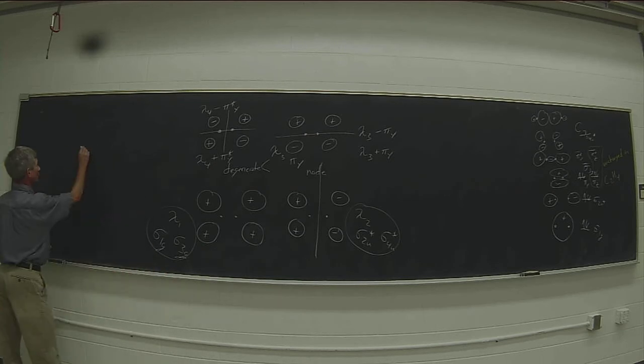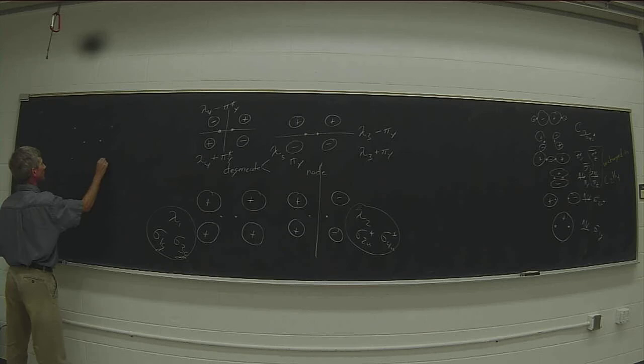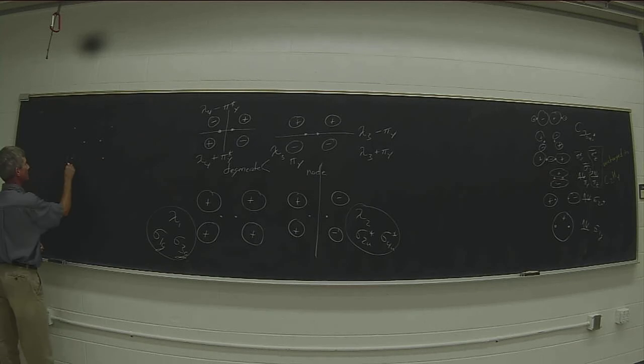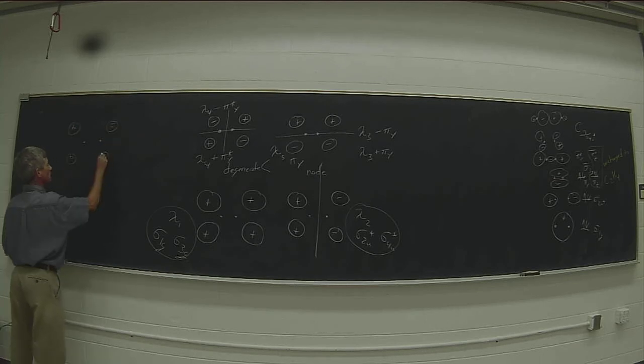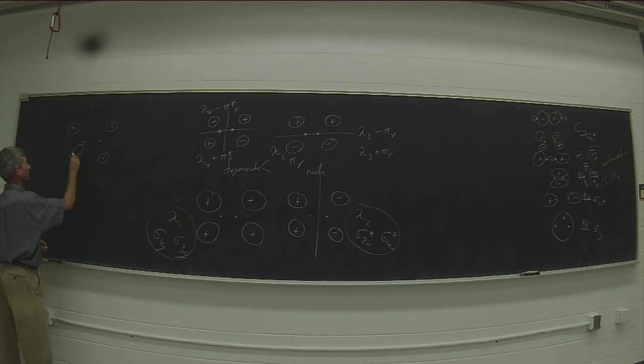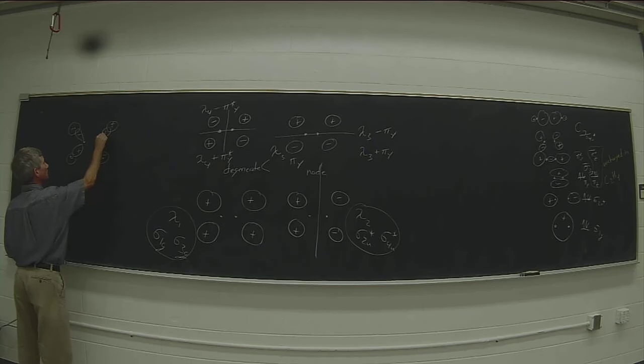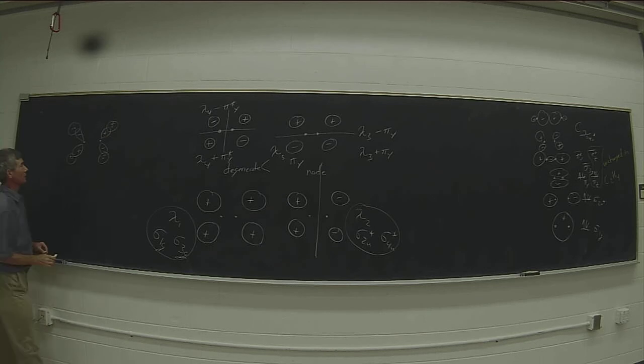The constructive overlap would have the pi star orbital interacting with the ligand group so that we get constructive interference in all locations, and we get a bulge.